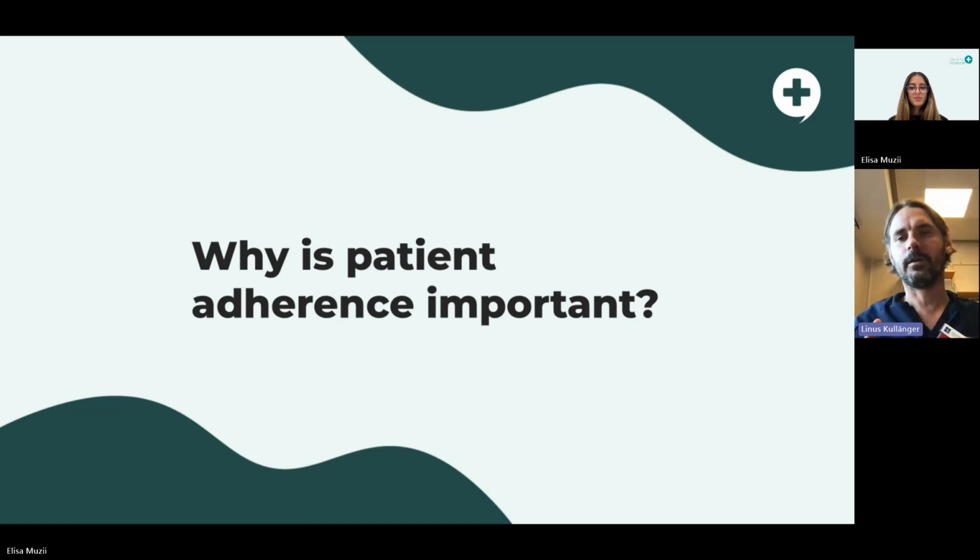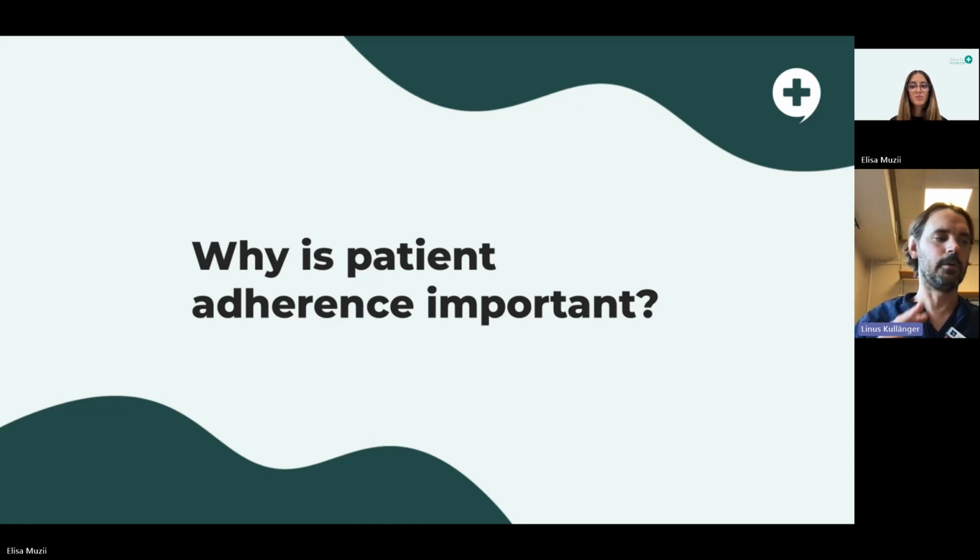But for example, of course you need patient adherence to maximize the treatment's effectiveness, preventing different complications, improving patient safety and enhancing, of course, the quality of life.